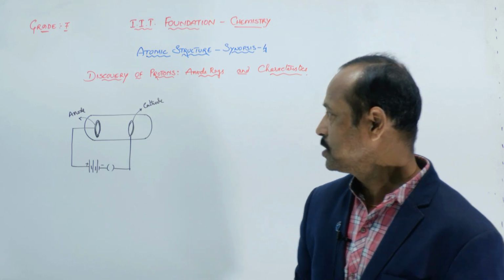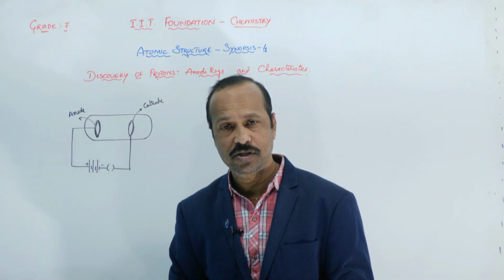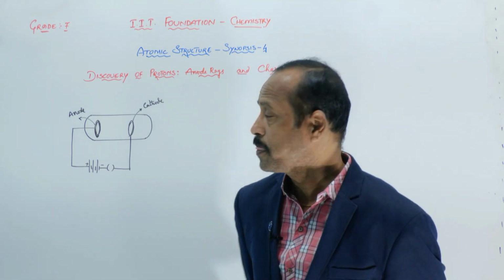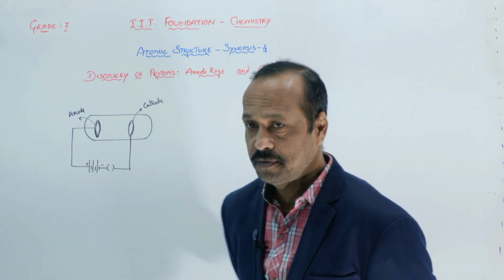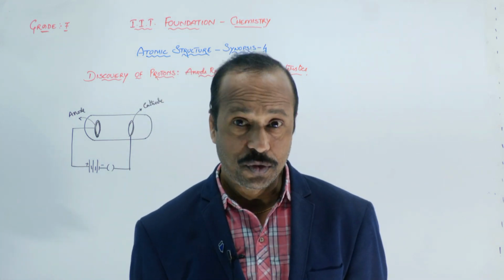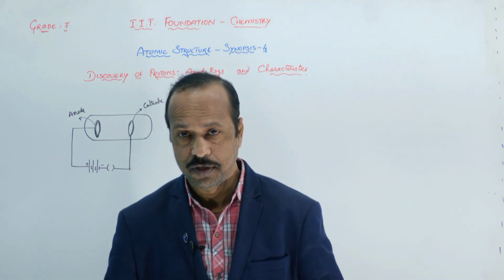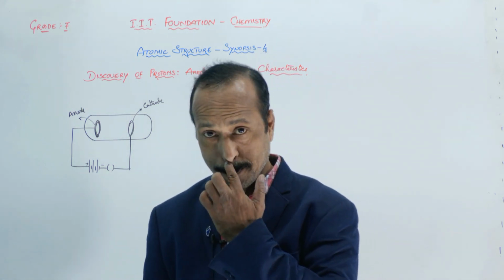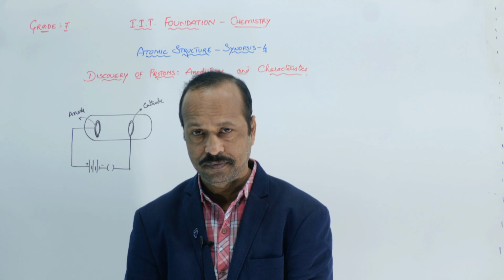The discharge tube was similar to this in the discovery of electrons, that is, the cathode rays. So here, students, observe carefully and think logically about what I am going to explain. Generally atoms are neutral.